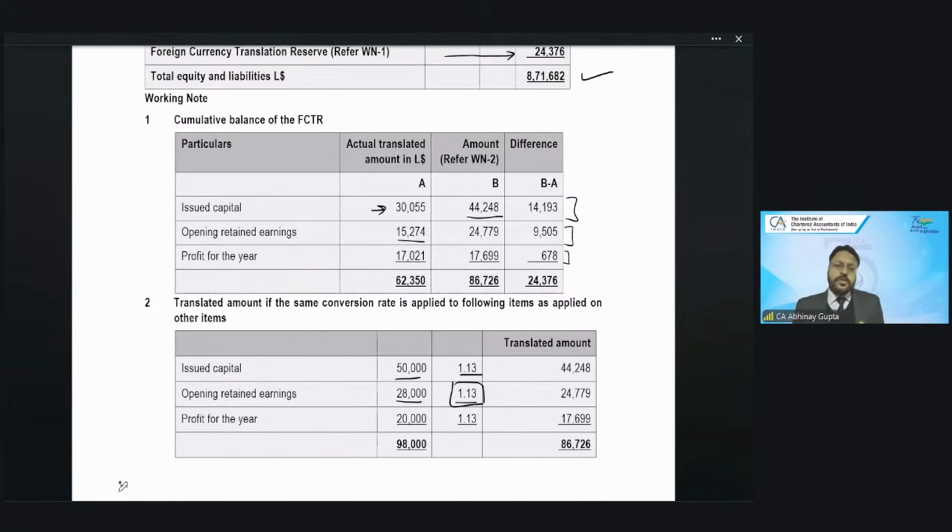Okay. So see, when we convert the balance sheet from one currency to another currency, we need to use the translation rates of that very date on which the transaction has really occurred, right? And for the balance sheet items, it would be the closing rate, right? Now, retained earning is a balance sheet item or the P&L item?